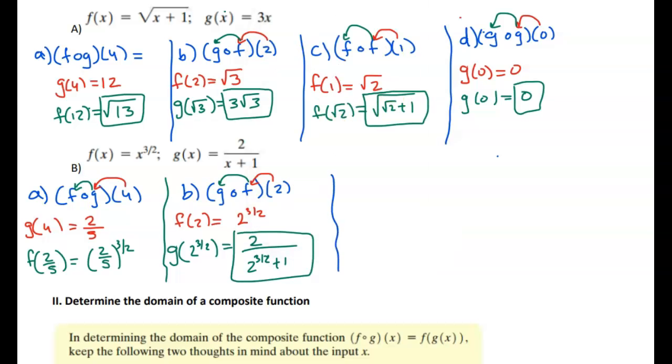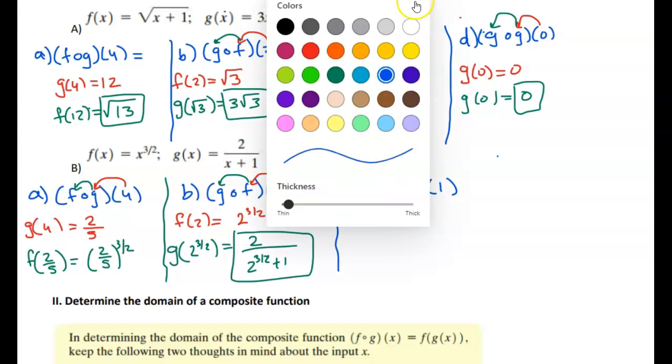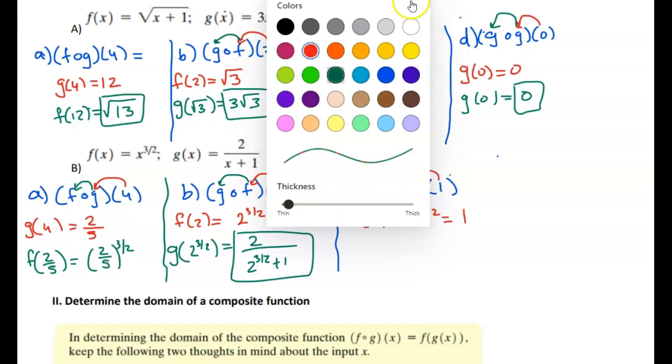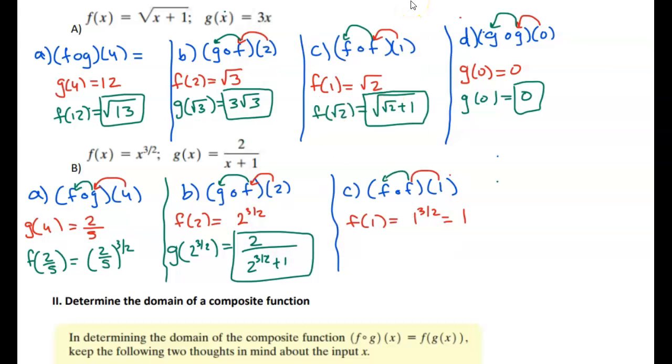Right. Let's do c. f of f of 1. So f of 1 first. 1 to the 3 halves, which is 1. And then we're going to plug that into f again, and we get 1 again. f of f of 1 equals 1.